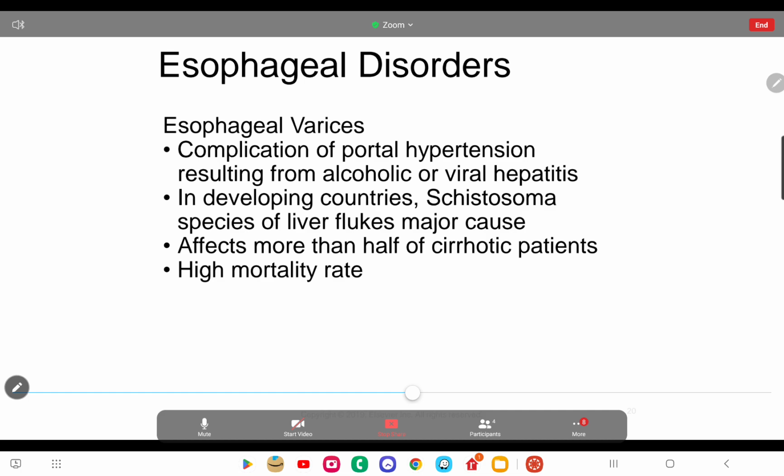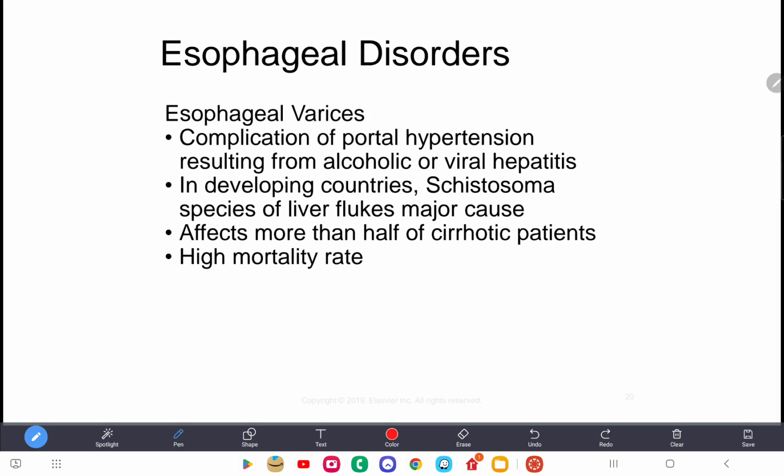Esophageal varices. Remember, this is extremely related with liver disease. So you have a liver disease, what happens? You increase the portal pressure. If you increase the portal pressure, in the lower portion of the esophagus, right there, we have little veins, and due to that extremely high pressure in the portal circulation, you have engorgement of those veins, and then what happens?